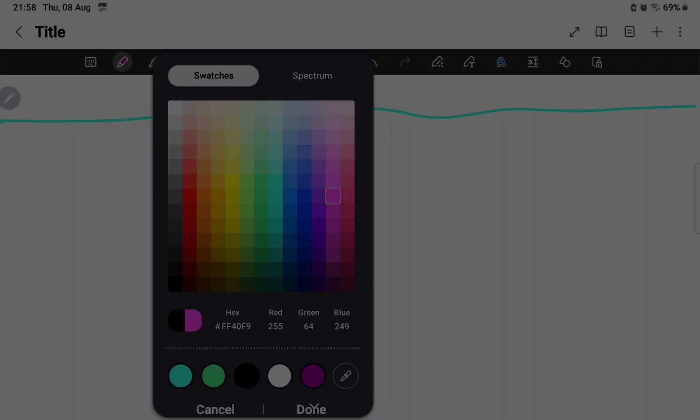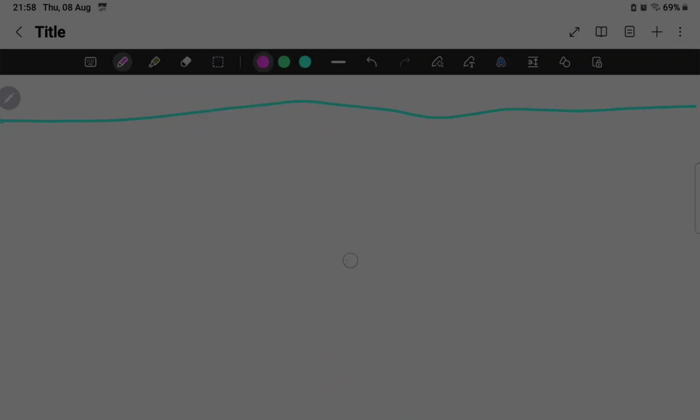Okay, so now let's look at an example. Let's do this example here.